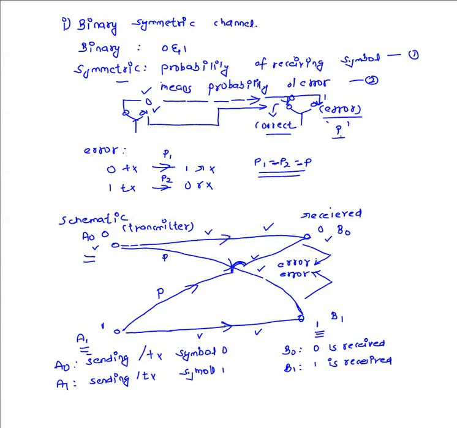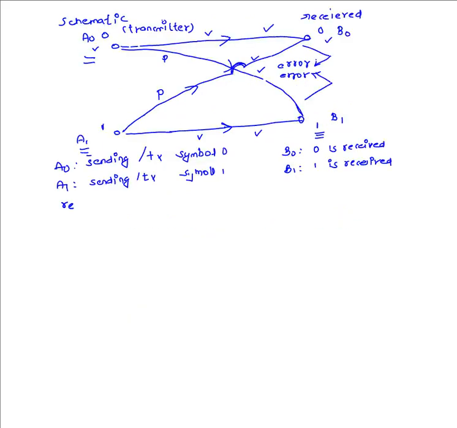So now let us see what the correct probabilities are that are indicated by the top and bottom straight lines. Let us consider the sample space as comprising entirely the event, the reception of B0.